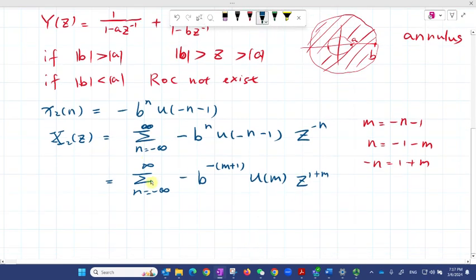So I just replaced n with m, because the range just goes from infinity to negative infinity.